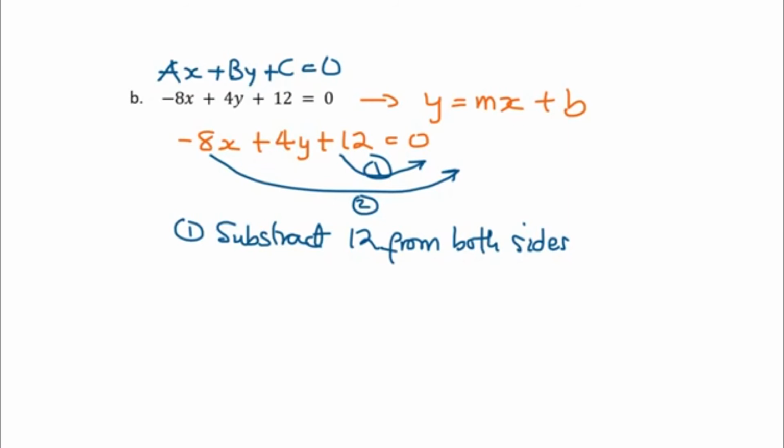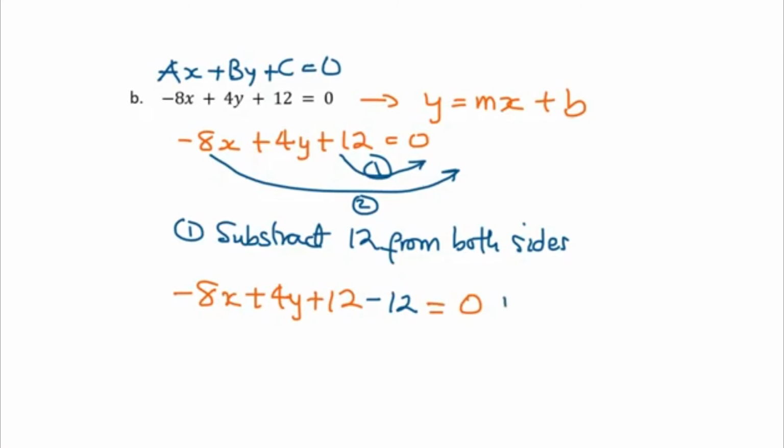That means here that our equation will be -8x plus 4y plus 12. Don't forget to put the -12, and this here is equal to 0, and we're subtracting 12 from both sides.